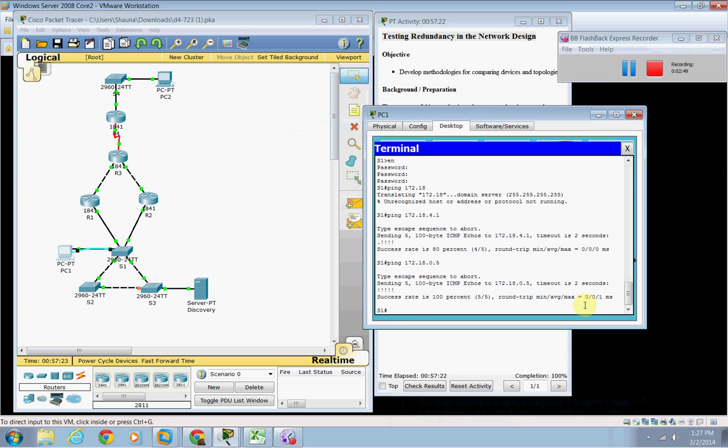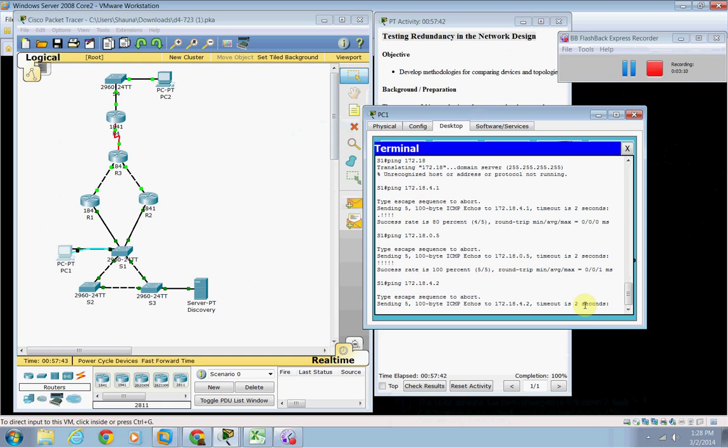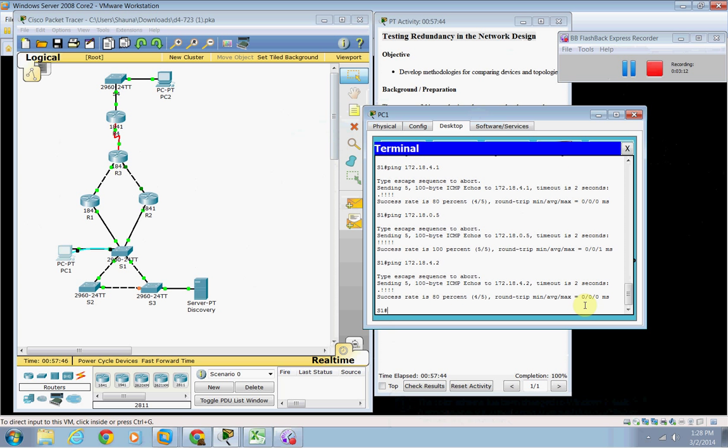Okay, that seemed to work. That was router 1, a different interface. Then we're going to try router 2, 4.2. Okay.